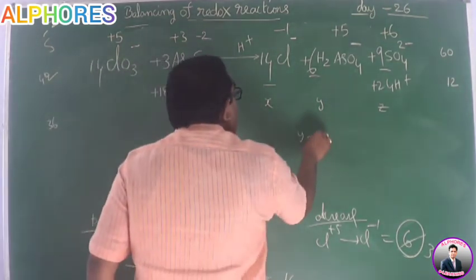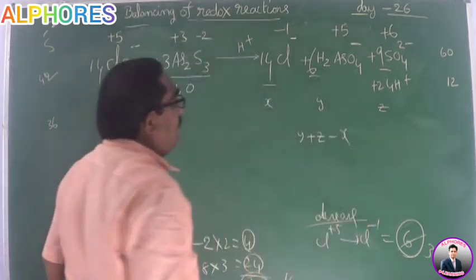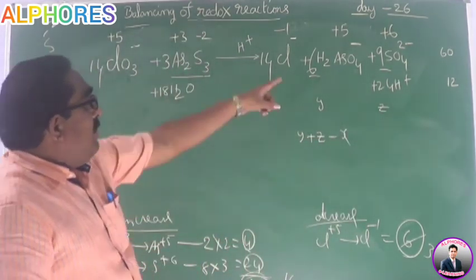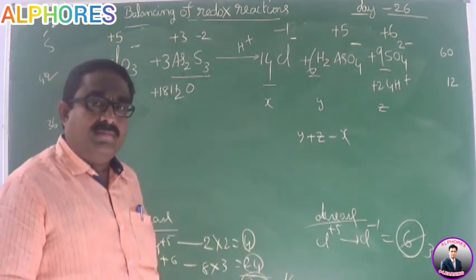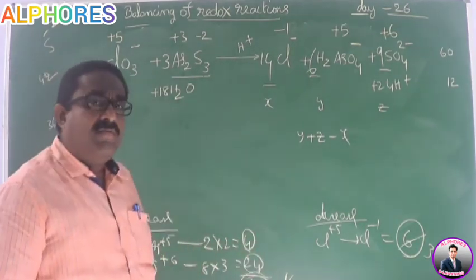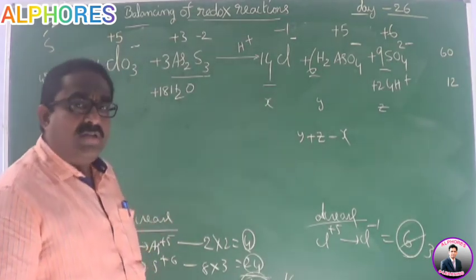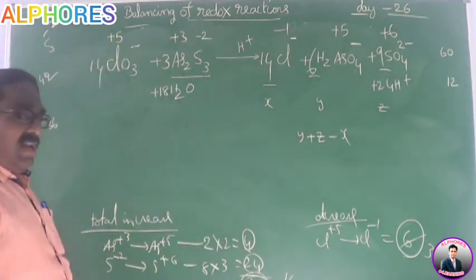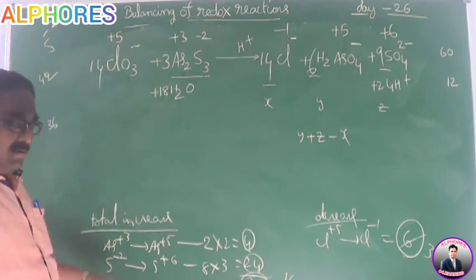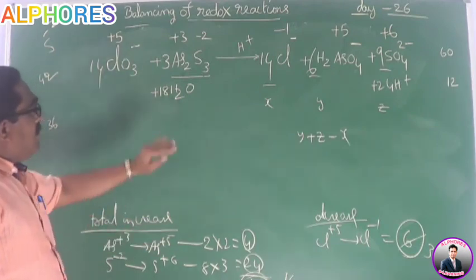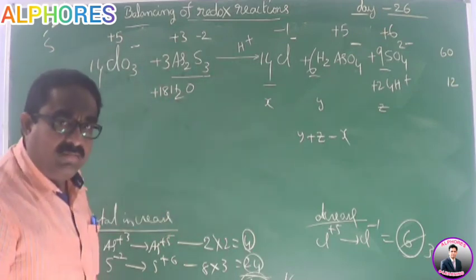What is the value of y plus z minus x? 6 plus 9, 15 minus 14, it can be set as an integer type question, 1. So any number of questions can be framed, but the approach is the same and the technique is the same that we are going to use in the examination. Please write down, then I will go for one more question of this type.